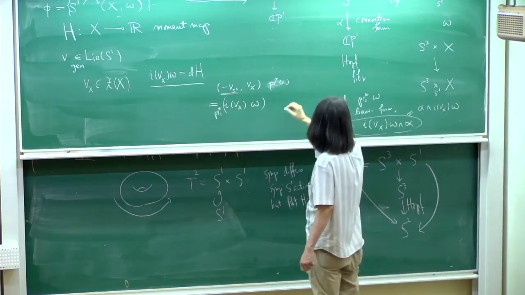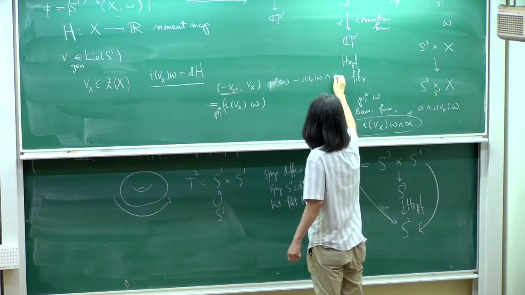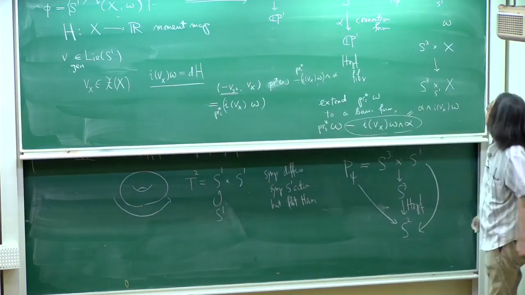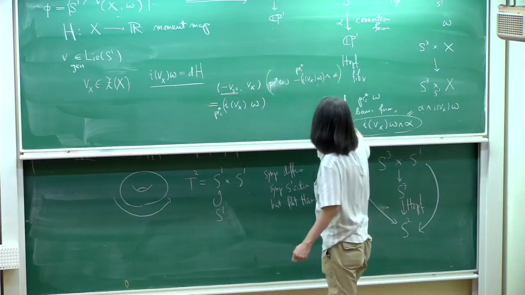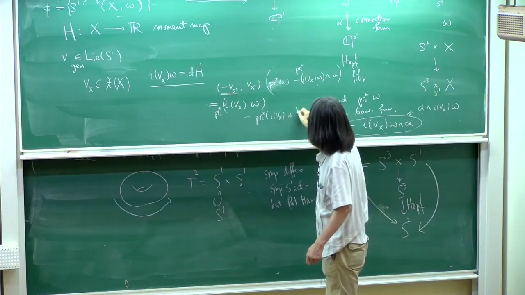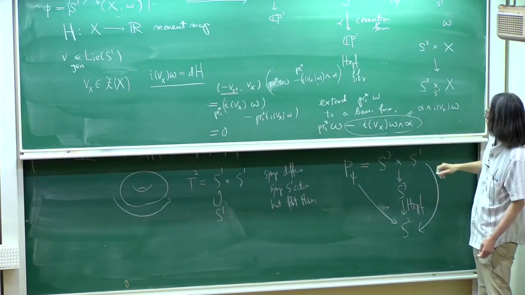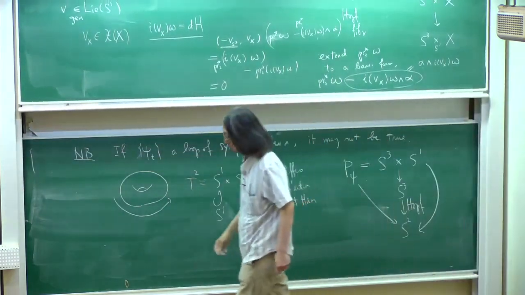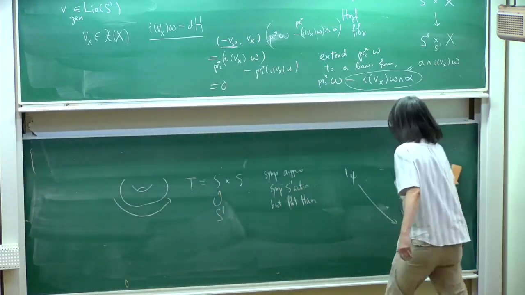So if I consider this minus i Vx omega with alpha, certainly I also have to use this projection pi star or something. But anyway, you understand this. So then actually this one minus this one. So therefore it is there, right? Okay, so this is the basic form. But it is not necessarily closed. Just compute the exterior derivative of this.